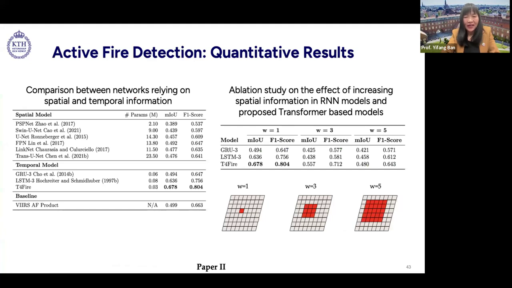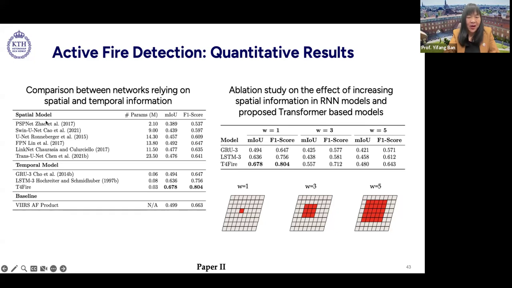So in terms of quantitative results, we compared with GRU, the earlier model we used, and long short-term memory, LSTM model. We can see that for IOU and F1 score, we have achieved higher than the other models.